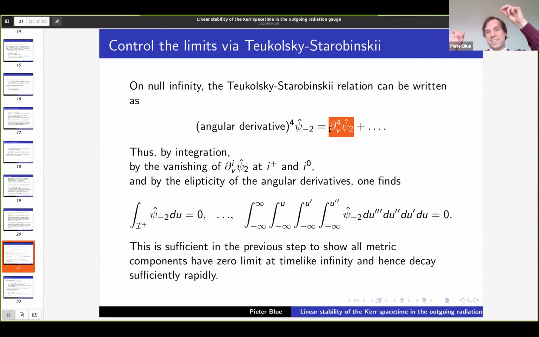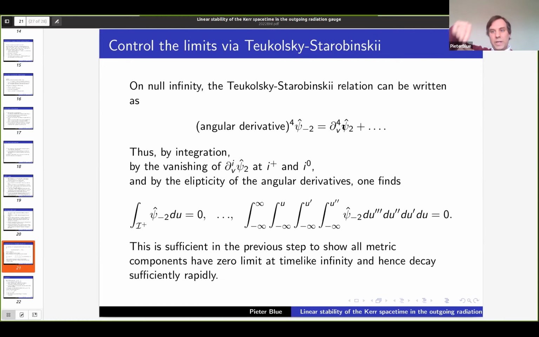So it's just the endpoint values of the antiderivative, which is the third derivative in time of this psi2 component. So we can integrate that 4 times and still always get that the integral along null infinity is equal to 0, right?